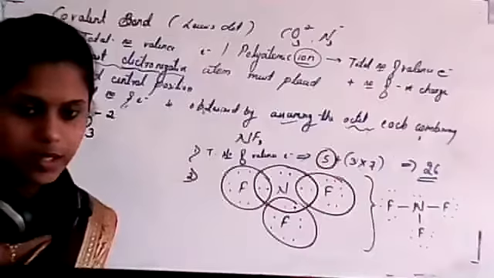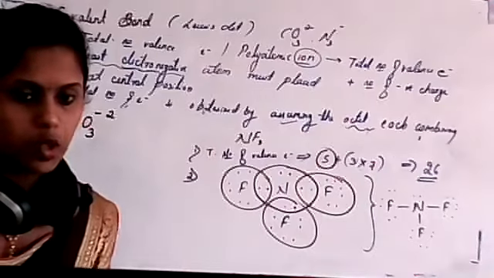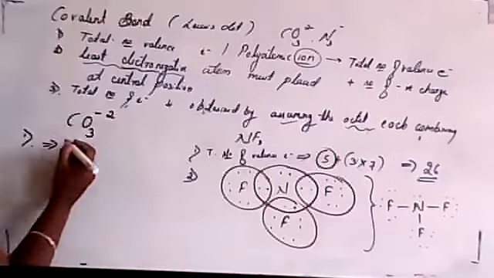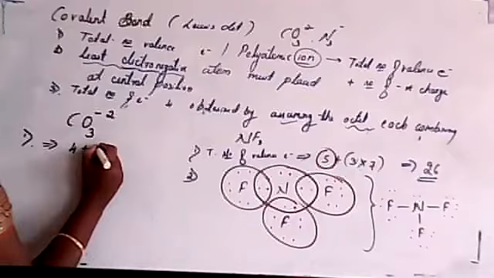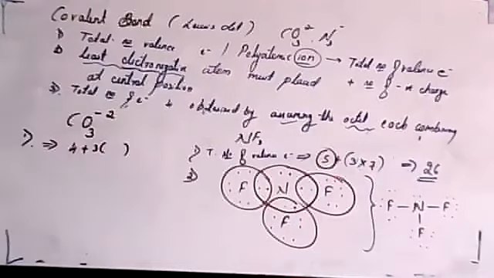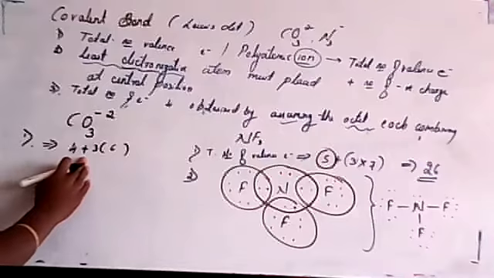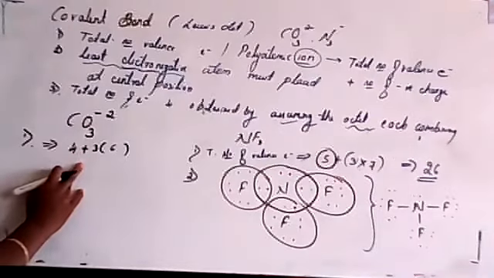Yes, it's 4. What about oxygen? 4 plus 3 times oxygen. For oxygen, it is 6. So it is only 22.